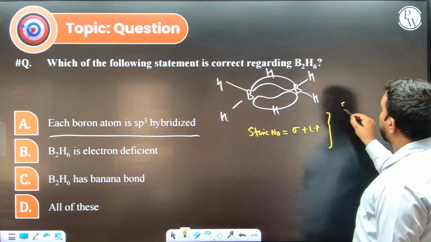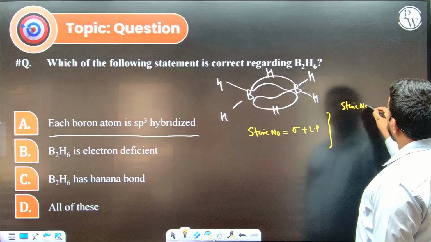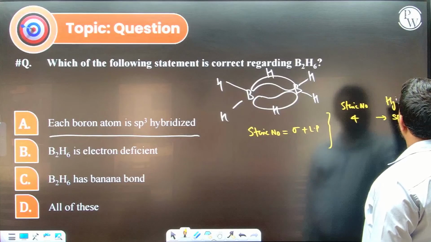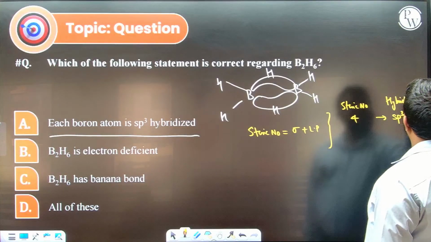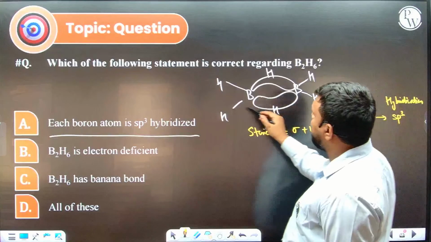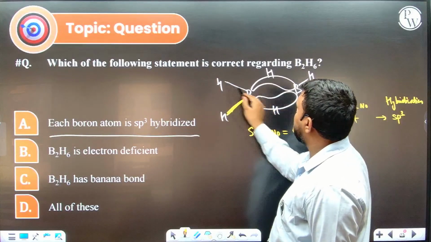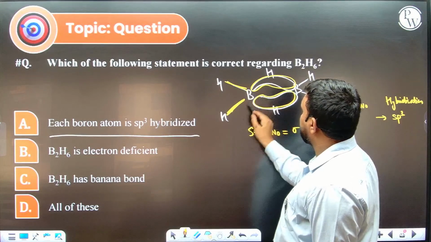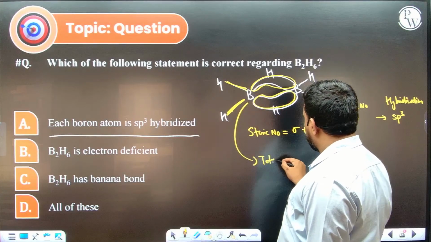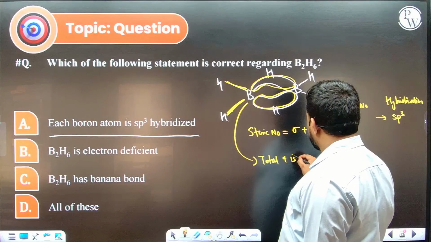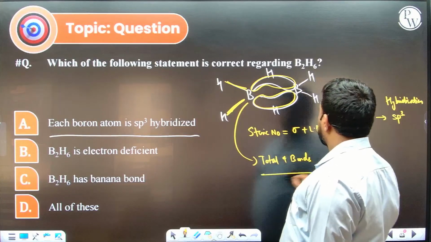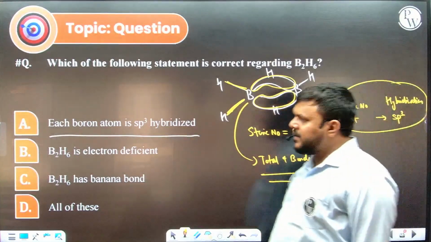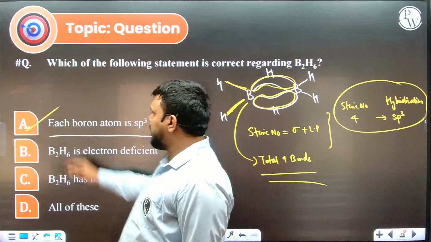And if the steric number is 4, then the hybridization is sp3. So as I can see, this boron has formed 1, 2, 3, 4 bonds. For steric number 4 the hybridization is sp3. So this is a correct statement.